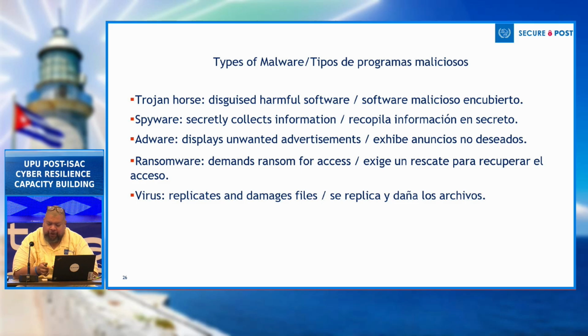The way it's deployed, and the types of malware, as I mentioned, this is just some very old and, of course, increasingly newer types. Something called a Trojan horse. That's software that is perceived to be good, like a free PDF reader that you might download online.